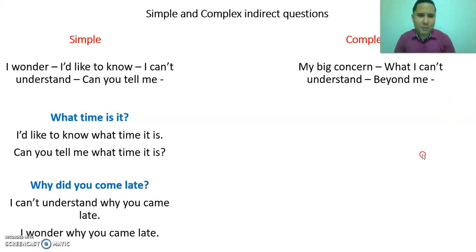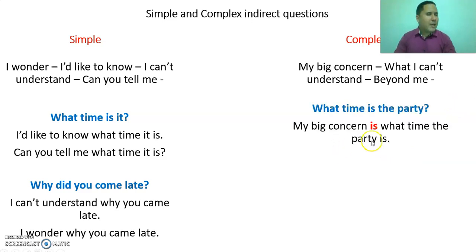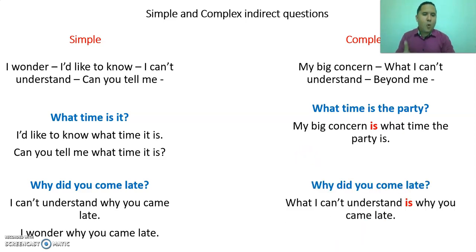Let's see some of these examples now. For example, guys, we have here, what time is the party? Indirect question: my big concern is what time the party is. Very simple. You only need to use one of those phrases with the verb to be, remember, and just finish the indirect question. Next, why did you come late? What I can't understand is why you came late.